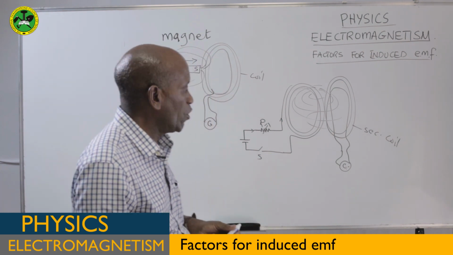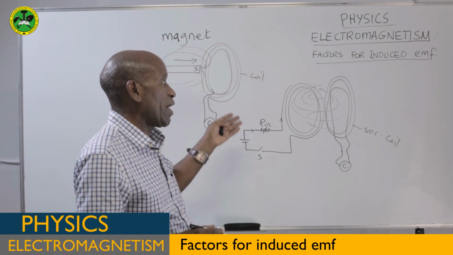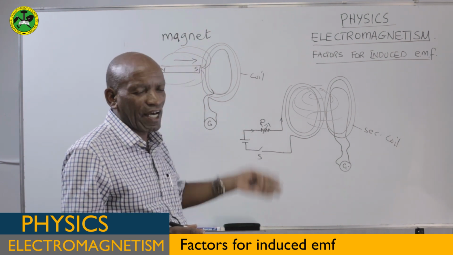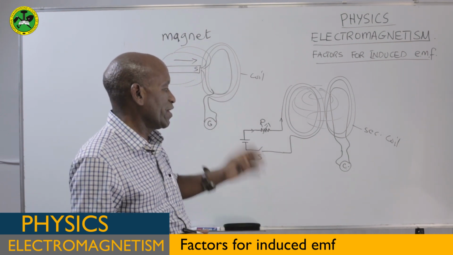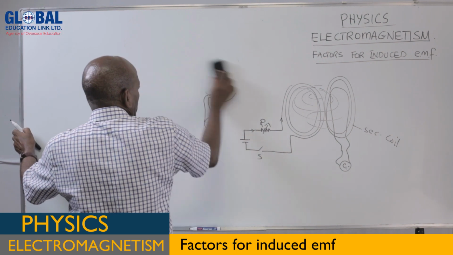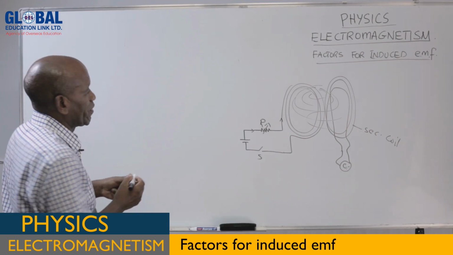Those are the two laws which really talk about the behavior of the induced current under the process of electromagnetic induction. So we'll look very quickly at those laws, and I believe you have already learned this because this is just like a revision.